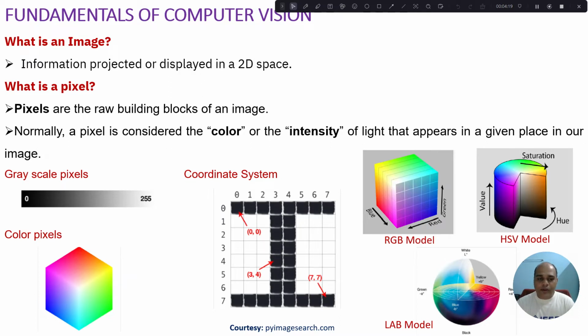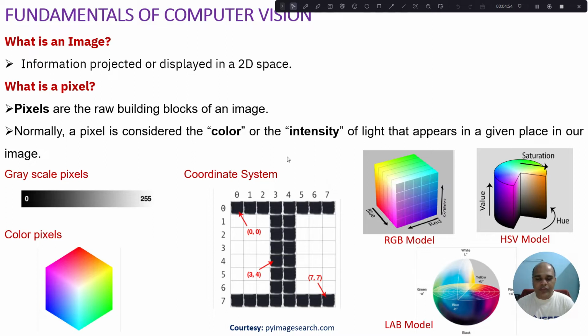So how many such colors can we get? 256 by 256 by 256 colors, because red can take a value from 0 to 255, green can take a value from 0 to 255, and the same way blue can take a value from 0 to 255. So the total possible combinations are 256 by 256 by 256 colors that we can represent using this RGB model.